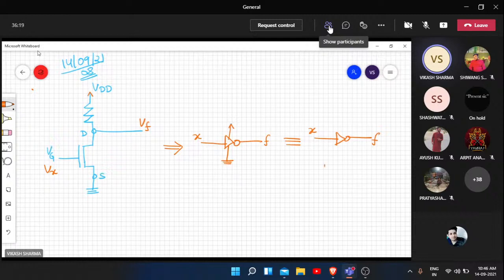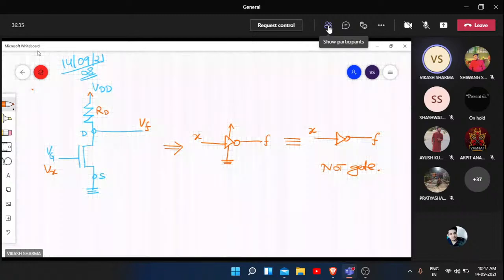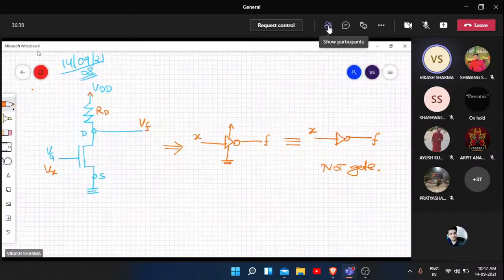So this is our NOT gate. So if I simply use a MOSFET, anyone, P type, N type, it doesn't matter.